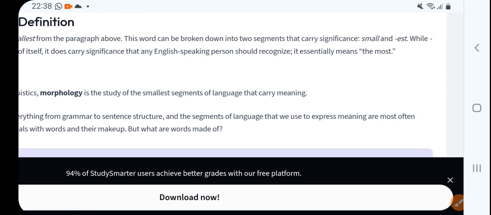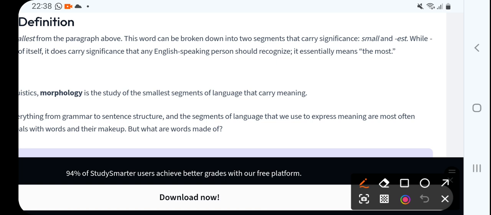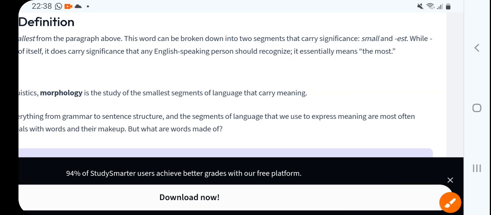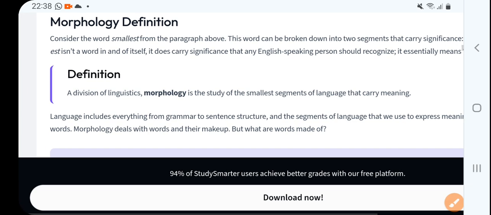It essentially means 'the most'. Small, smaller, smallest. When we write 'smallest', the 'est' is used to show that the intensity is the most. So this is somewhat morphology.